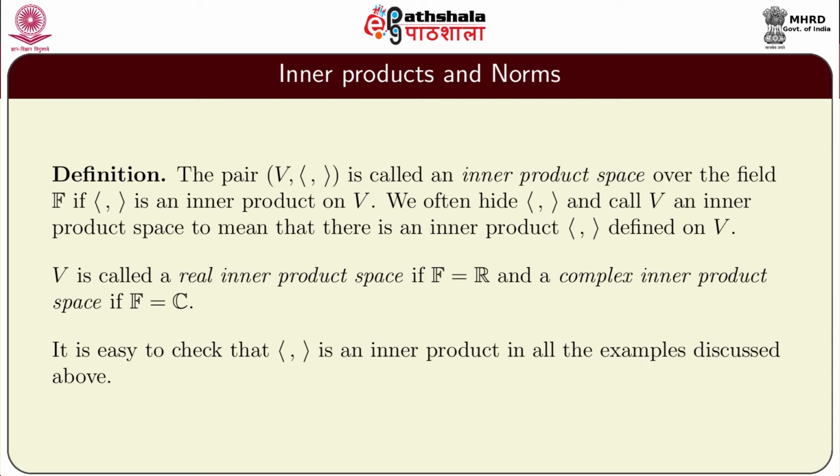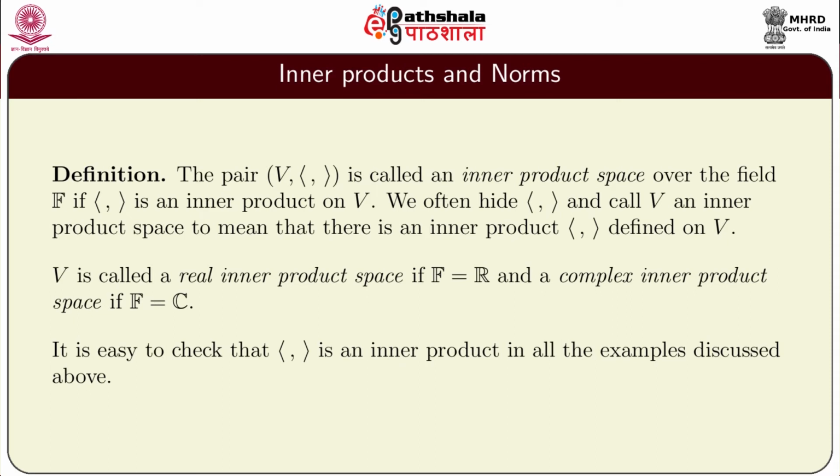Inner product x comma y plus z is inner product x comma y plus inner product x comma z, which says that this inner product function for a fixed x is additive in the second variable. Inner product x comma cy is equal to c bar inner product x comma y, where c bar denotes the complex conjugate of the scalar c.